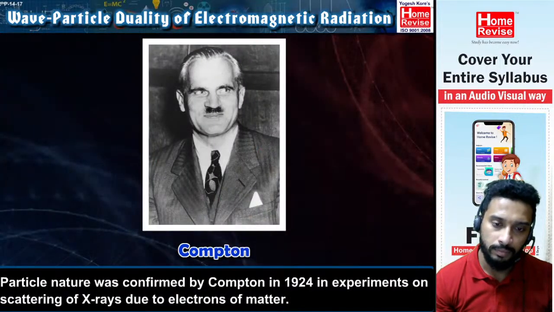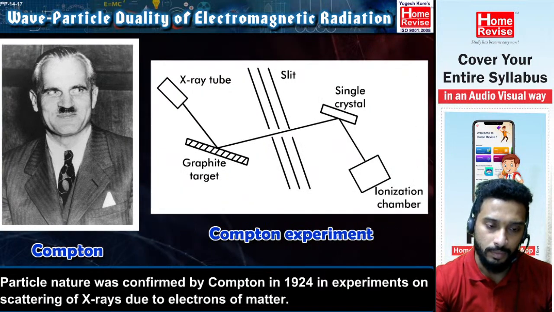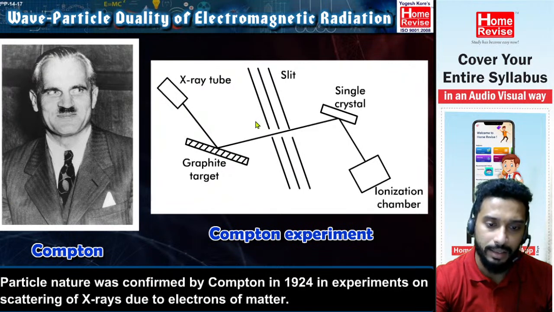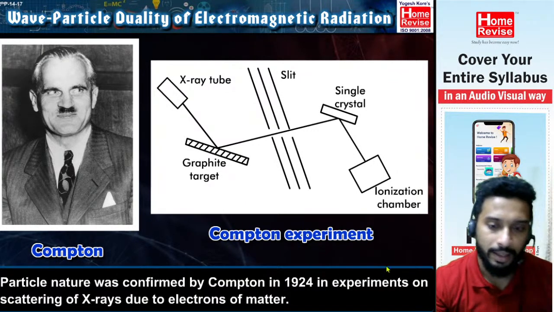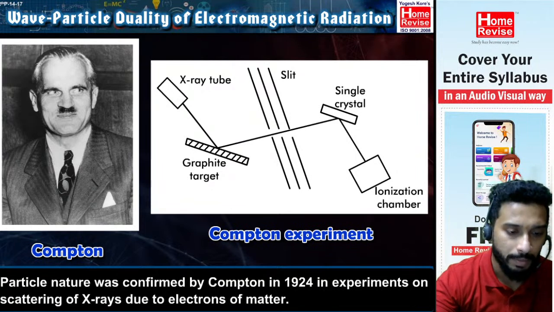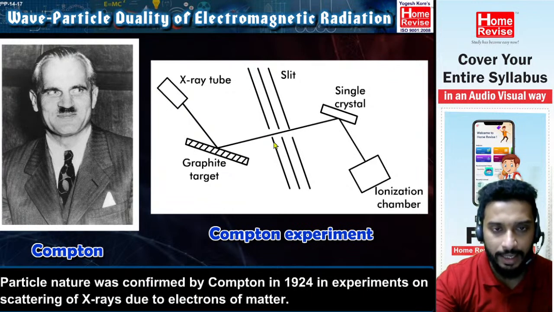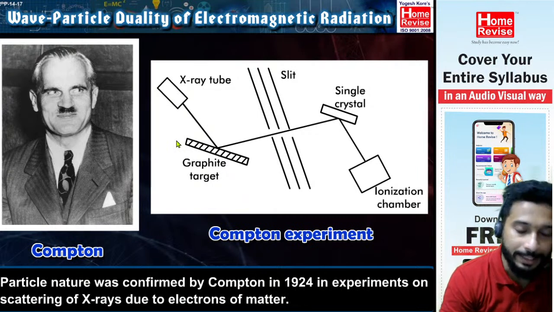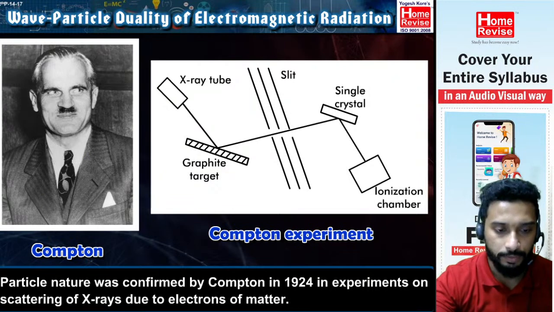Particle nature was confirmed by Compton in 1924 in experiment on scattering of X-rays due to electrons of matter. So this guy was the one who helped us understand the particle nature of light, right? कि light is acting, is working in a particle format, और उन्होंने 1924 में Compton's experiment या Compton's effect जिसको बोलते हैं, वो effect अपने को explain करता है the particle nature of light, या electromagnetic radiation भी आप बोल सकते हो.